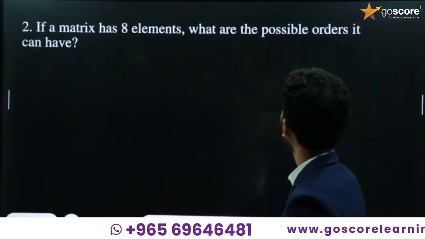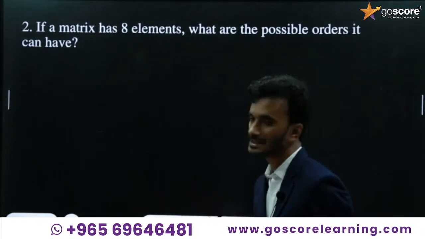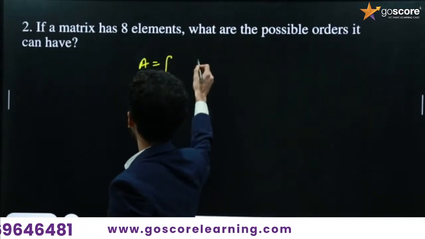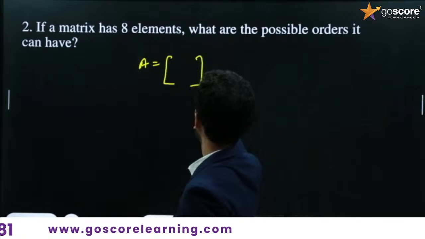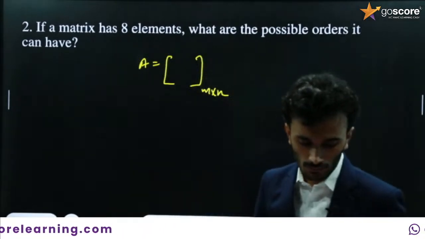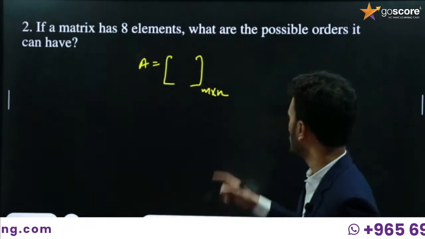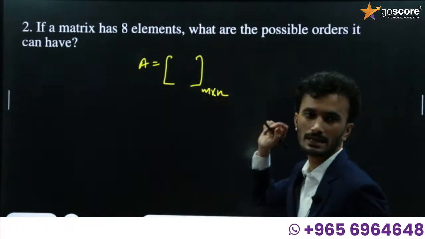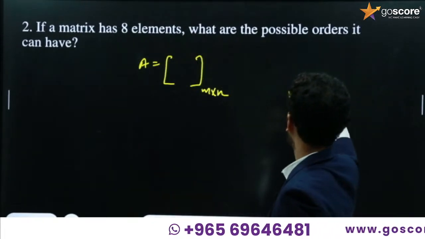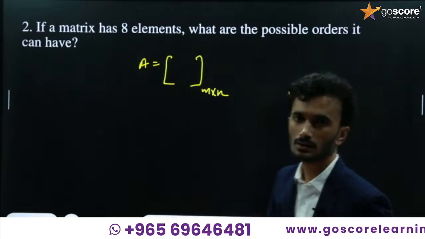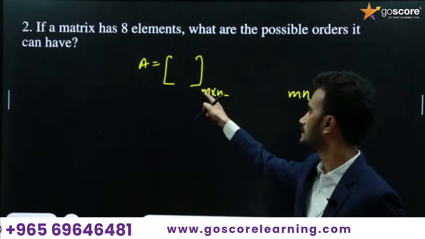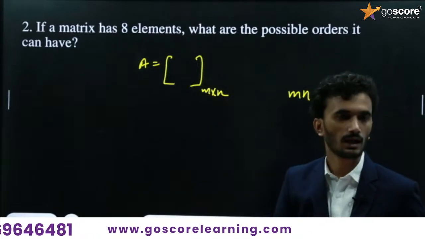What is the product of m and n? The product of m and n is mn.